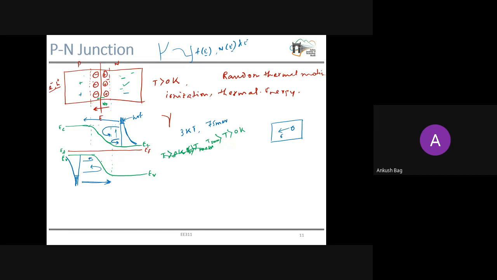So the process is, here we'll have, let me take another color, maybe. Due to this thermal energy or the higher temperature, we'll have electron hole pair generation, primarily within this depletion region. So here we'll have a hole and we'll have an electron.